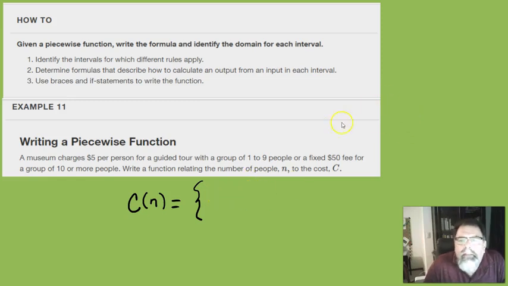So first, if n is from 1 to 9 people, we're going to use an inequality like this, right? It's going to be $5 per person. So how would you make the function to be $5 per person?